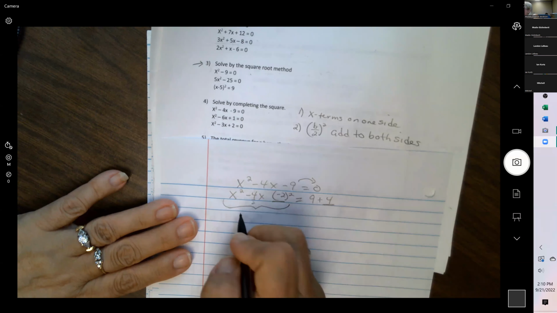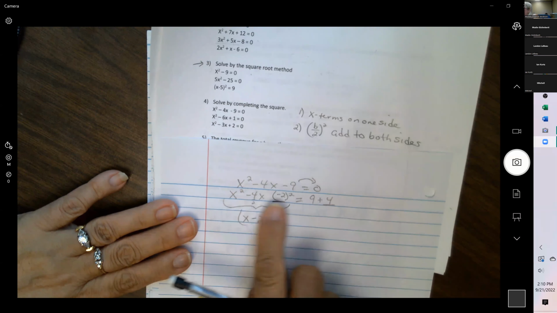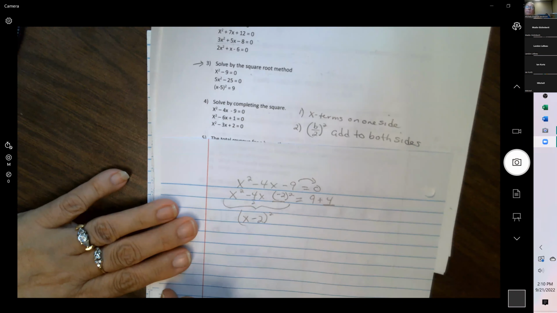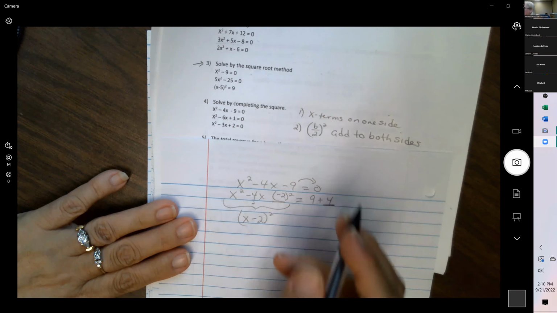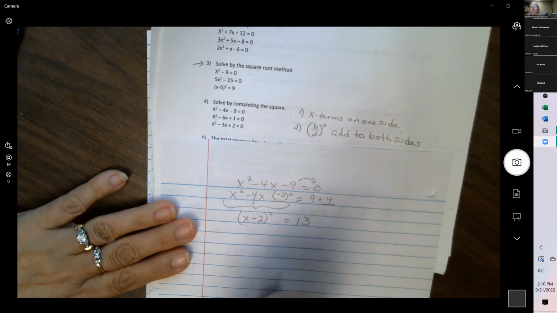This side will factor into x minus 2 squared. So x minus 2 squared, and that's equal to 9 plus 4, which is 13.